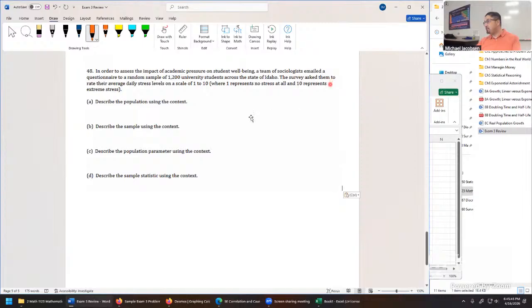The survey asked them to rate their average daily stress levels on a scale of 1 to 10. 1 is no stress, 10 represents extreme stress, I guess pulling-out-hair levels of stress. So we need to identify, based off this really short write-up, what is the population, sample, population parameter, and sample statistic.